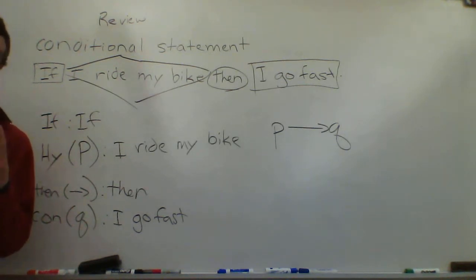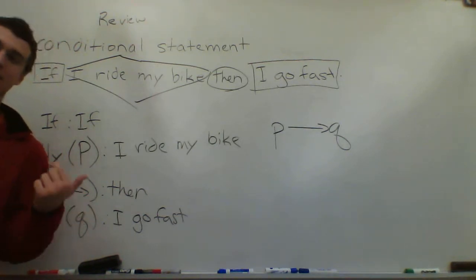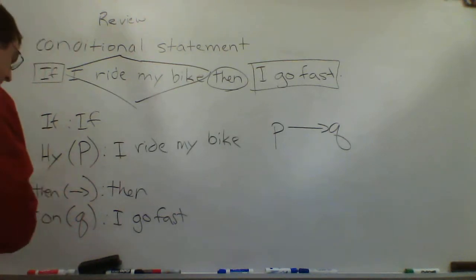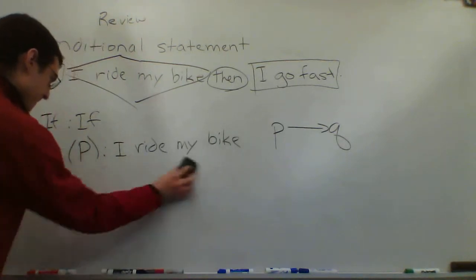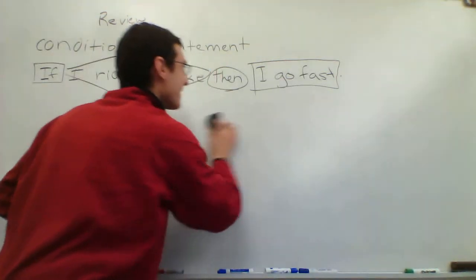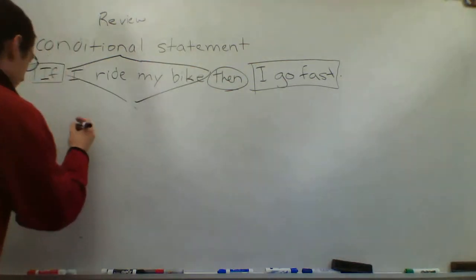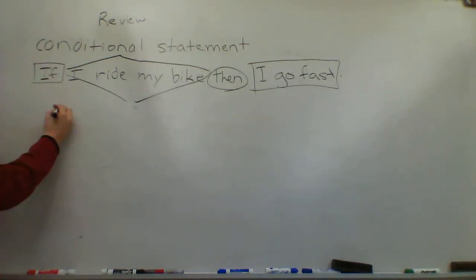Now, we're going to add 2 more parts this time: the negated hypothesis and the negated conclusion, and I'll explain what those are. I'm going to make these a little smaller so you can see the last part.